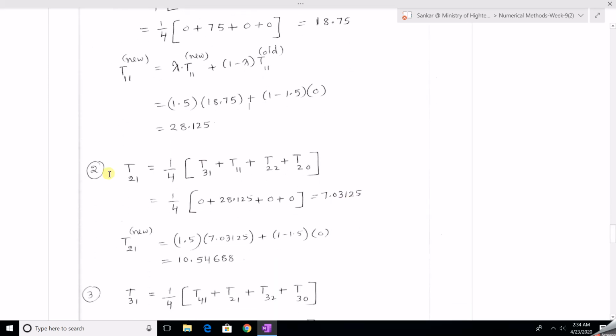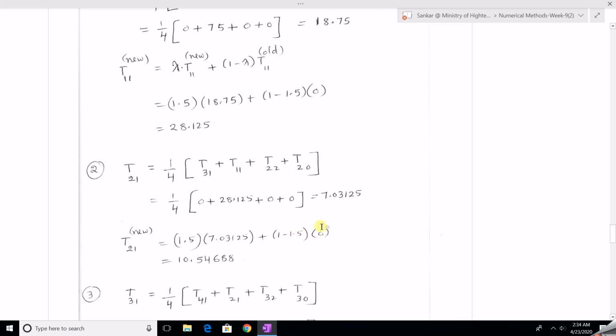Now we have to find a better approximation for T21 by the over relaxation formula: T21 new is equal to lambda times T21 new plus 1 minus lambda times T21 old. Lambda is 1.5, and the new value is the 7.03125 we just got, plus 1 minus 1.5 times T21 old.